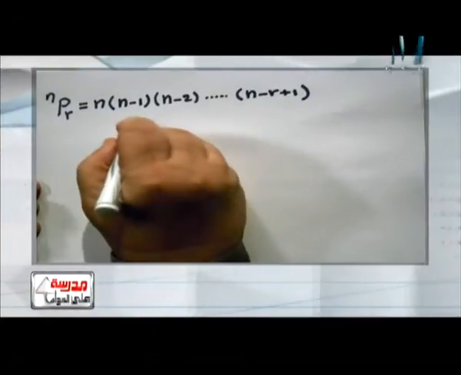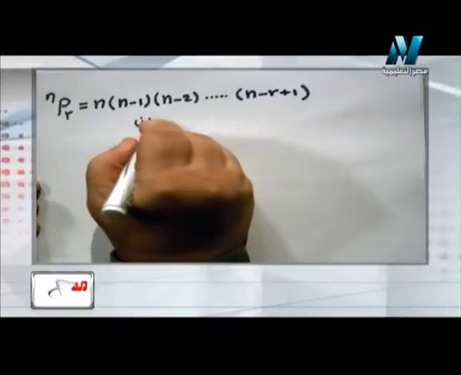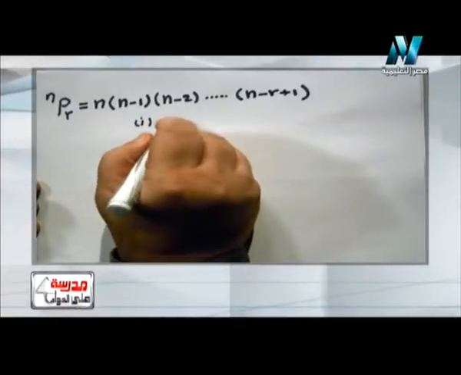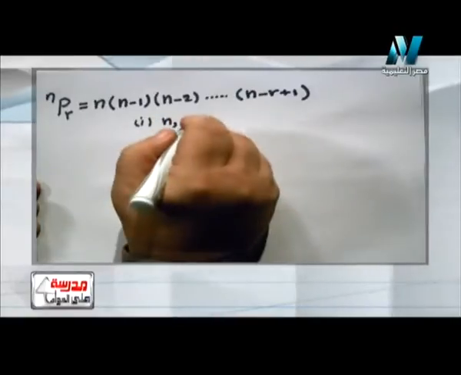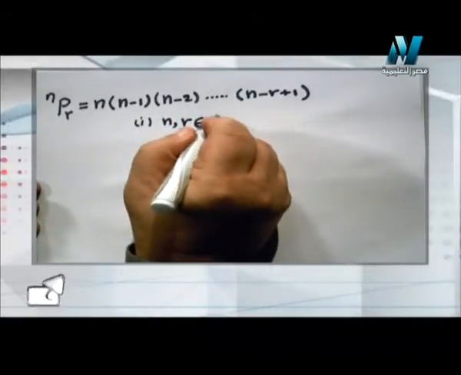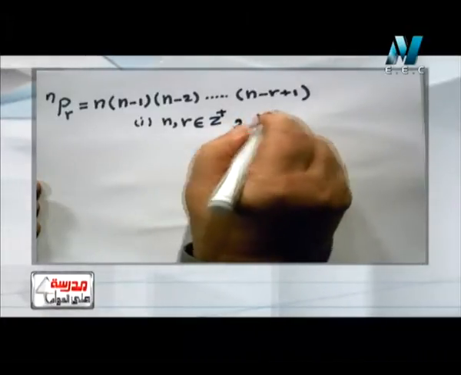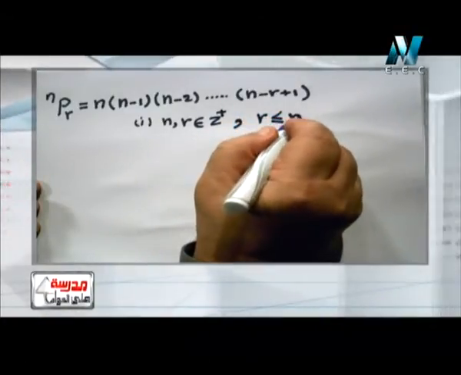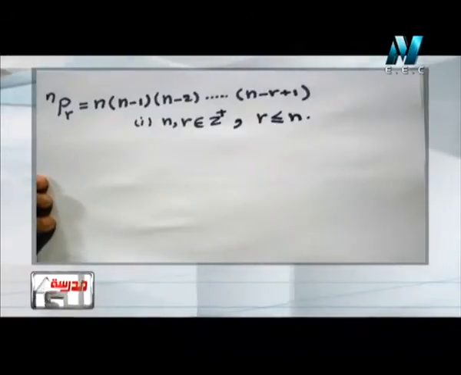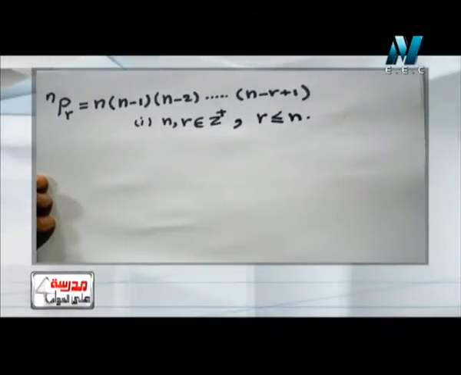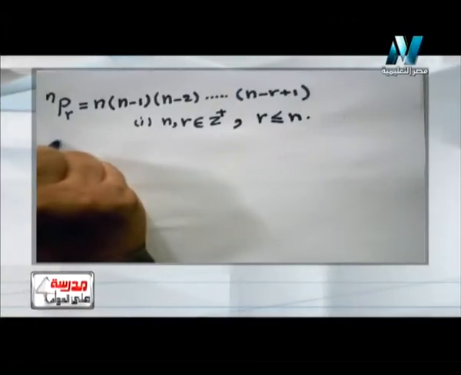And we have two conditions that must be satisfied. Condition number one, that n and r belong to Z positive integers, and r is less than or equal to n.